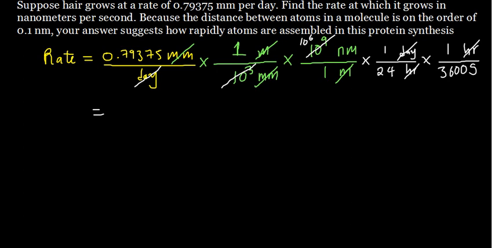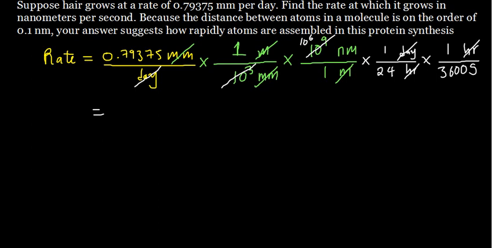Same bases, dividing, subtract the power, so it will just be 9 minus 3, that gives you 6. So I'm saying 0.79375 multiplied by 10 to the power positive 6, on top we don't have anything else. Divided by, in the denominator I've got 24, then divided by 3600.